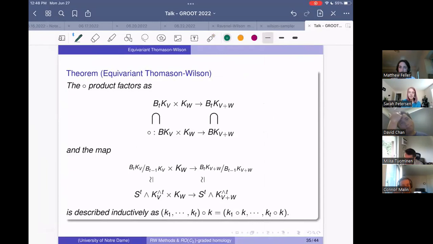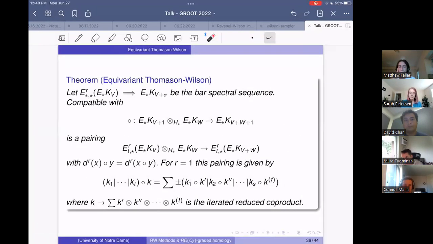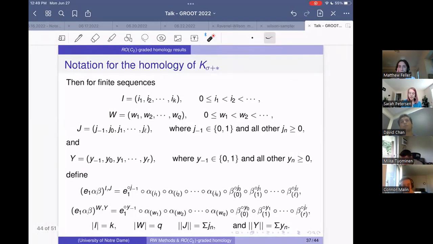Something we can observe is that there's also an equivariant version of the Thomas and Wilson theorem that the circle product on these equivariant Eilenberg-MacLane spaces also factors through the bar construction, and the map on these equivariant associated graded pieces can also be described inductively. And this leads to a circle product pairing in the RO(C2)-graded bar spectral sequence. And this can be used to compute the homology of all the spaces K sigma plus i.